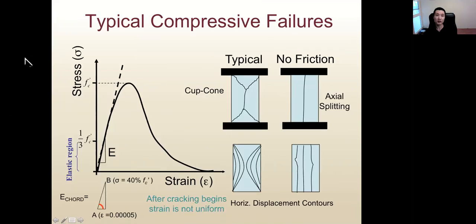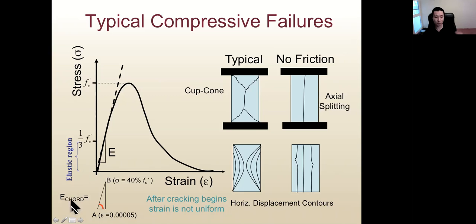All right, so here shows a typical compressive failure for concrete. This is the stress to strain curve. Initially, we have a straight curve, and we base on this to estimate the elastic modulus of concrete.